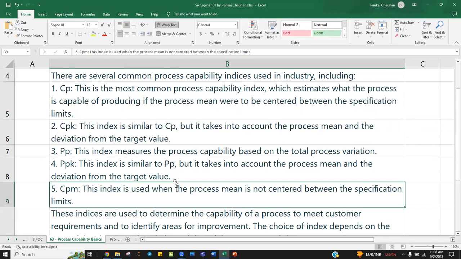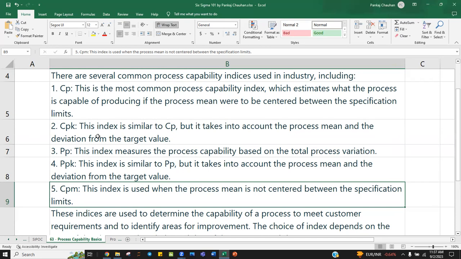Which means, if you have a lower specification limit and an upper specification limit, take the difference of that and divide by 6 times the standard deviation, and you will get the CP value. So USL minus LSL divided by 6 times the standard deviation.